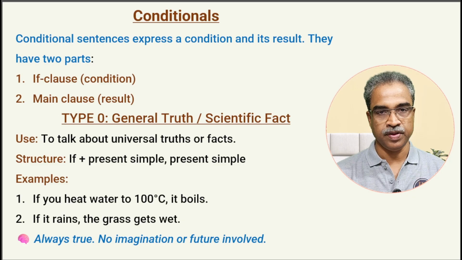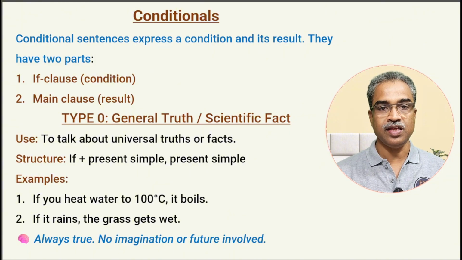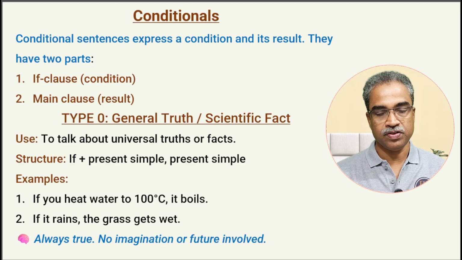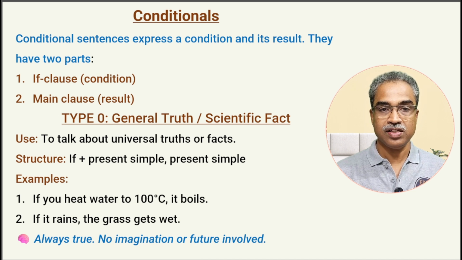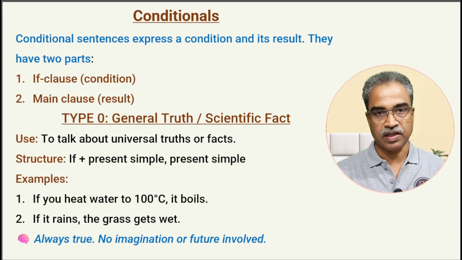A phrase is also part of a sentence. It is a group of words, but there is no finite verb. So a group of words which forms part of a sentence and has no finite verb is a phrase, and a group of words that forms a part of a sentence and which has a finite verb is a clause.